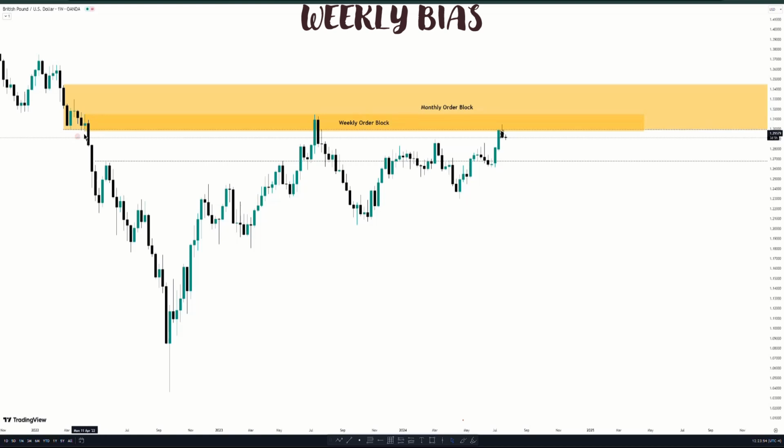Now if you remember, on the monthly these lines are still there. So these can also be reflected on the weekly chart. If you label your fair value gaps here, they are just the same as on your monthly, though here there are two fair value gaps, which is just one when you're looking at the monthly chart.